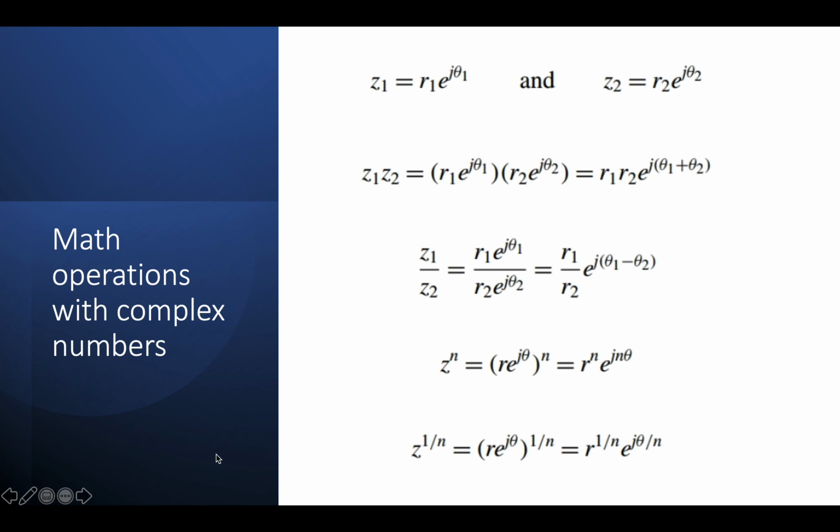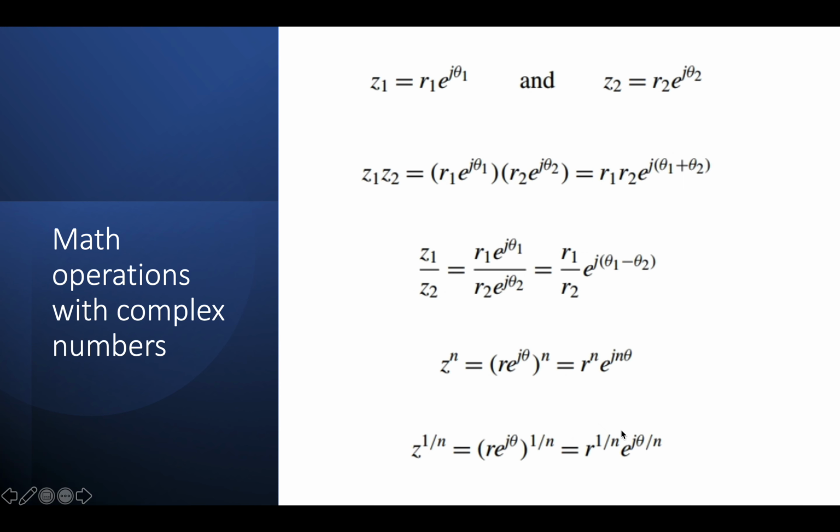And then finally, if you have a complex number raised to a power, you can express that as r e to the j theta raised to the power n, which is r to the power n, and then the exponent has the effect of multiplying theta in the exponential, so it's e to the j n theta. Same is true if you're taking the nth root.